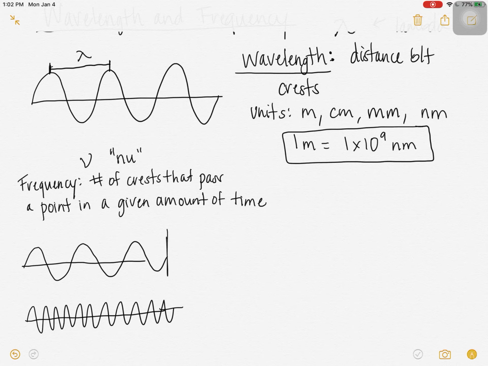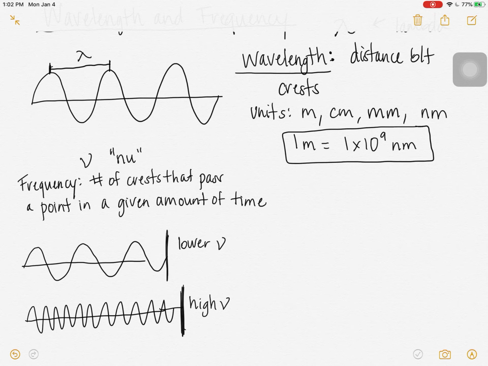Okay, so if this was my point in space, and we were going to think about how many of these crests pass this point in, say, 20 seconds, compared to how many of these crests pass this point in 20 seconds, hopefully you know that this is the higher frequency, because the crests are closer together. So this would be the slower or smaller frequency.